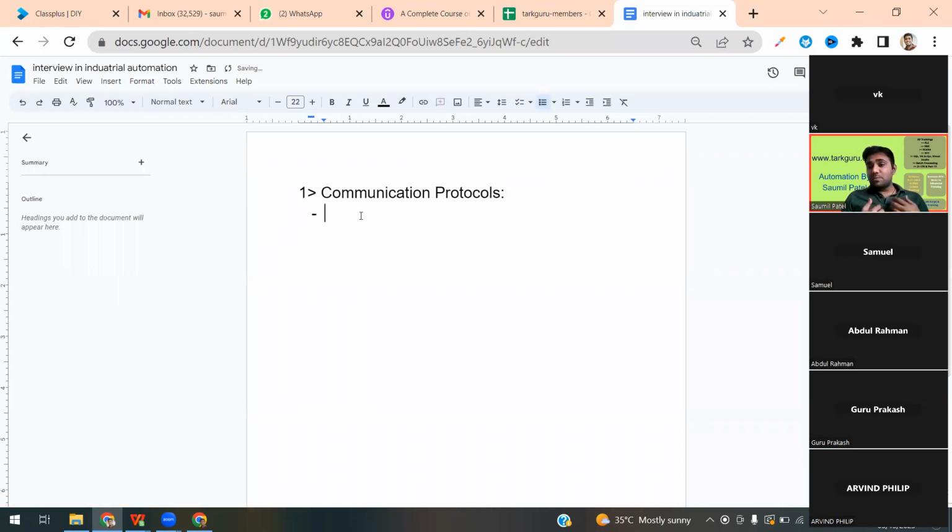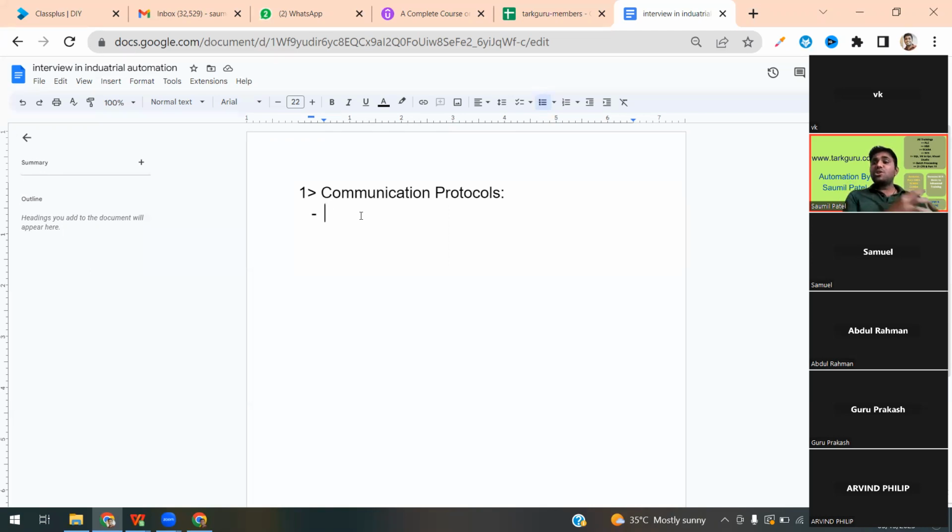You might ask what kind of protocols are available in industrial automation and how to prepare, because interviewers generally ask you to explain what communication protocols you have used in your project. So how can you answer it?